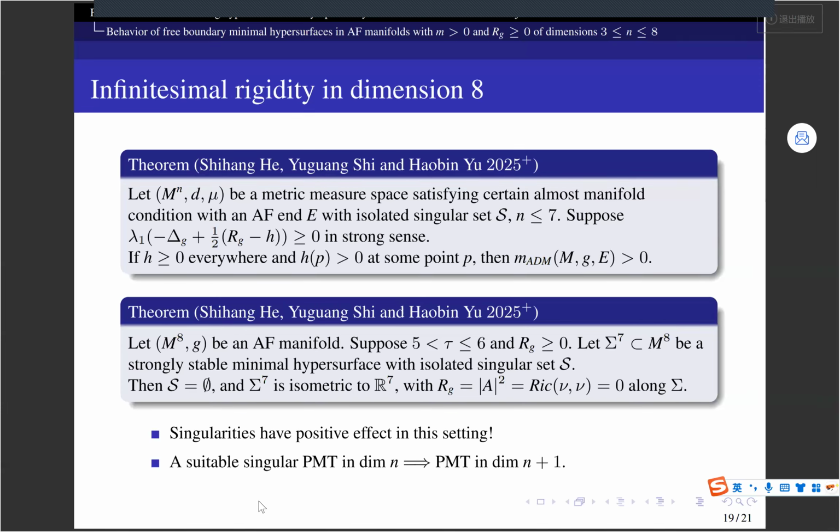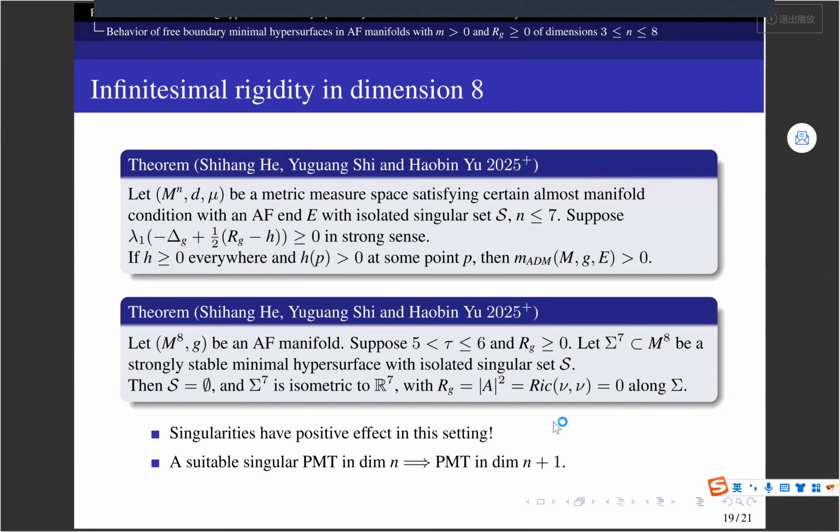In general, the philosophy may be that a suitable version of the singular positive mass theorem in dimension n is enough to guarantee a positive mass theorem in dimension n plus 1. So in this theorem, we can see that singularity actually has a positive effect, since it excludes the existence of singularity.